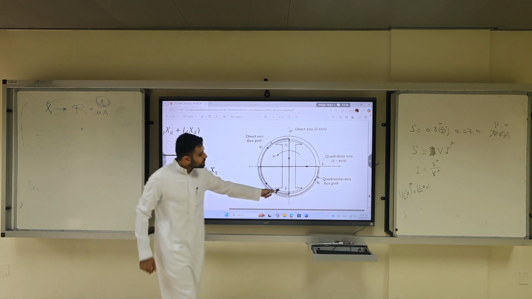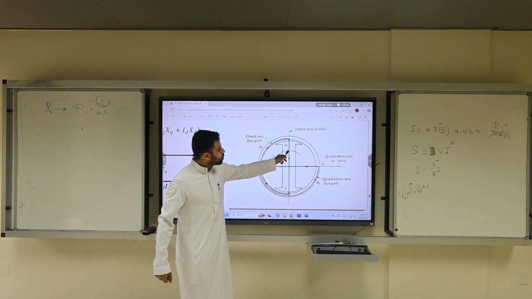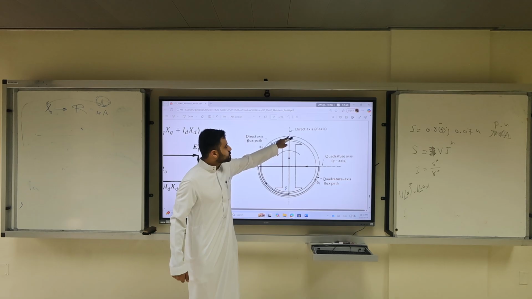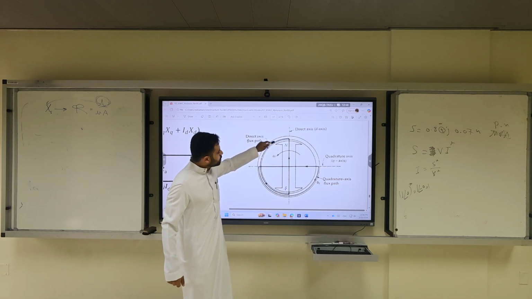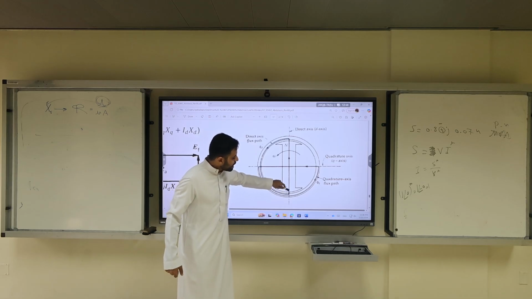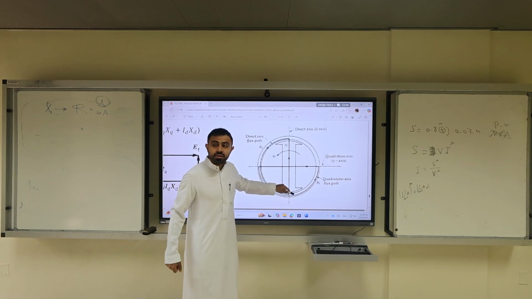So look at the direct axis. The flux would go through the salient pole rotor. This would be a south, this would be a south, and it will walk over the core and close the path of flux. This is the direct flux.